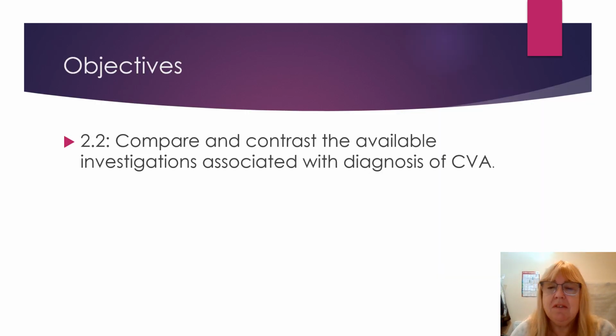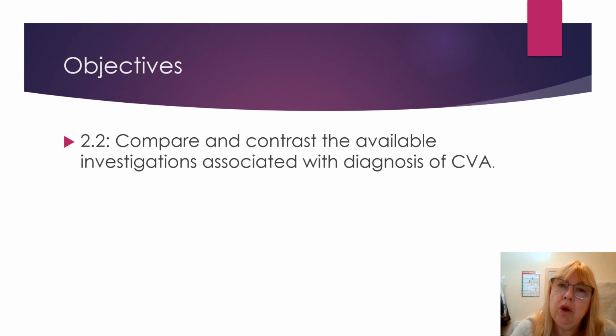Okay, the objectives of this part of the week are looking at criteria 2.2, where we're going to compare and contrast the available investigations associated with the diagnosis of CVA. So we're going to look at the types of investigations that are used to diagnose CVA or a stroke.